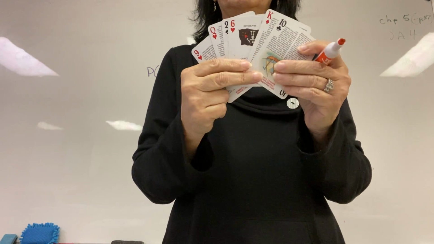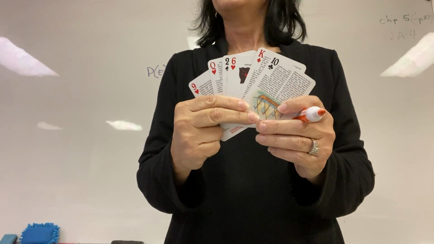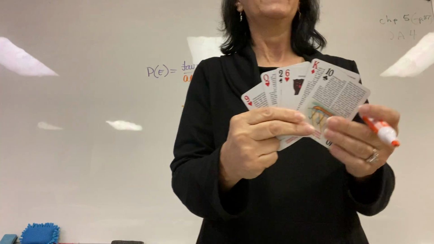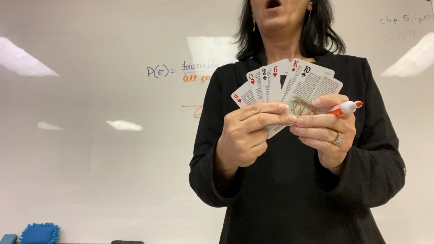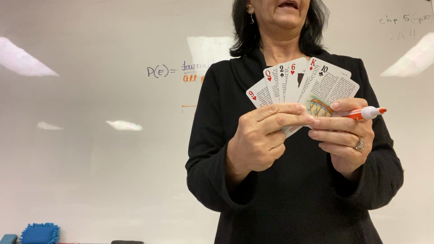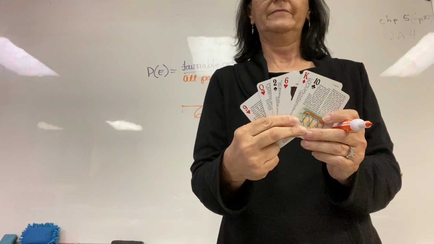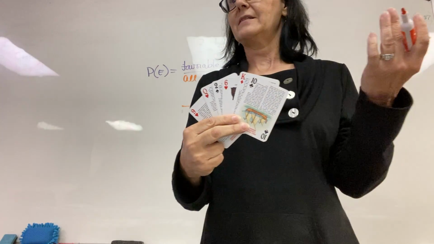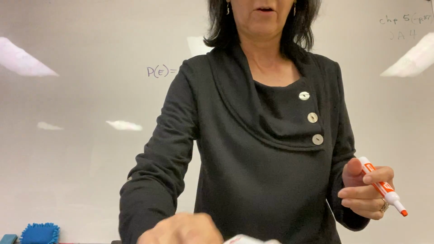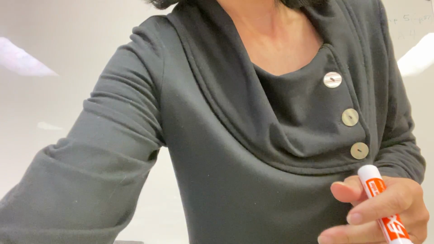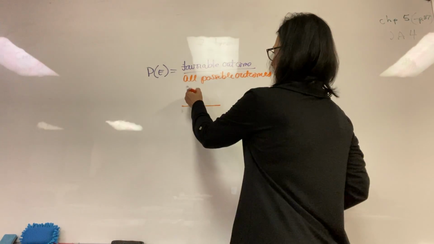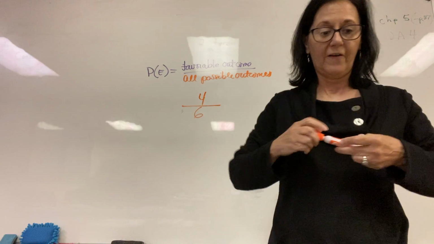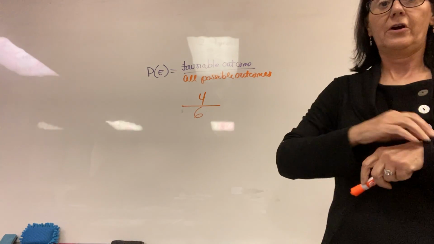Well, there's only one of them in this sample space. So it'd be 1 out of 6. But if I asked, what is the probability of drawing a red card? It would be 4 out of 6, because there are 4 red cards. So that would be the favorable outcome. 4 out of 6, you would simplify that to 2/3, okay?